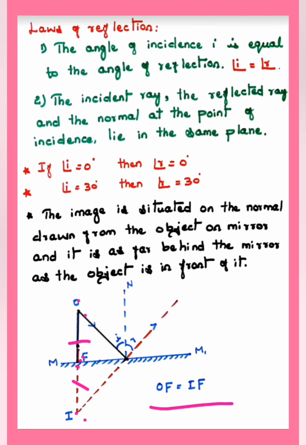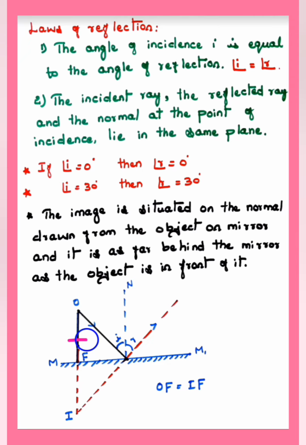When we take a single incident ray, the ray strikes the surface like this, and the reflected ray, this dotted line, when you extend it to where it meets the normal drawn from the object, that will be the position of the image formed. Okay, so clear?